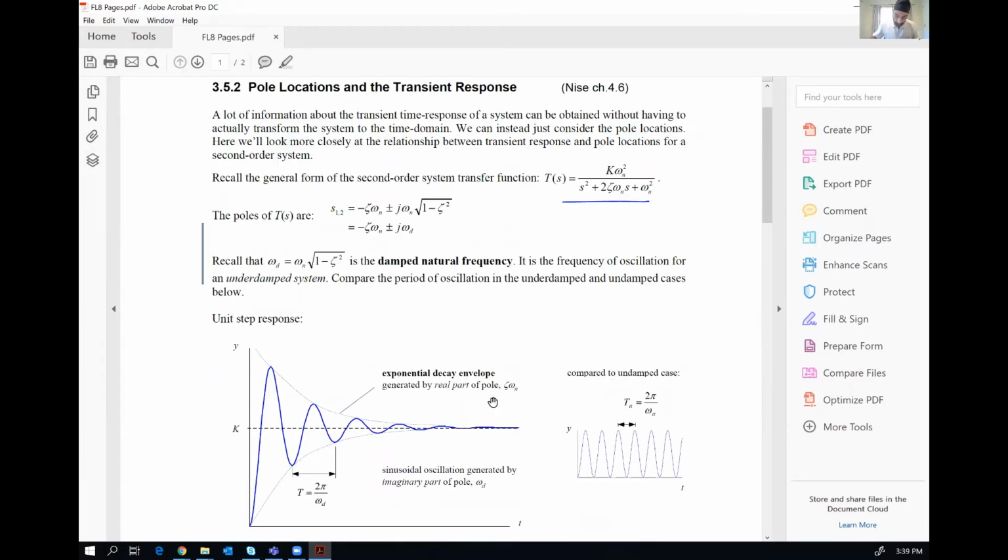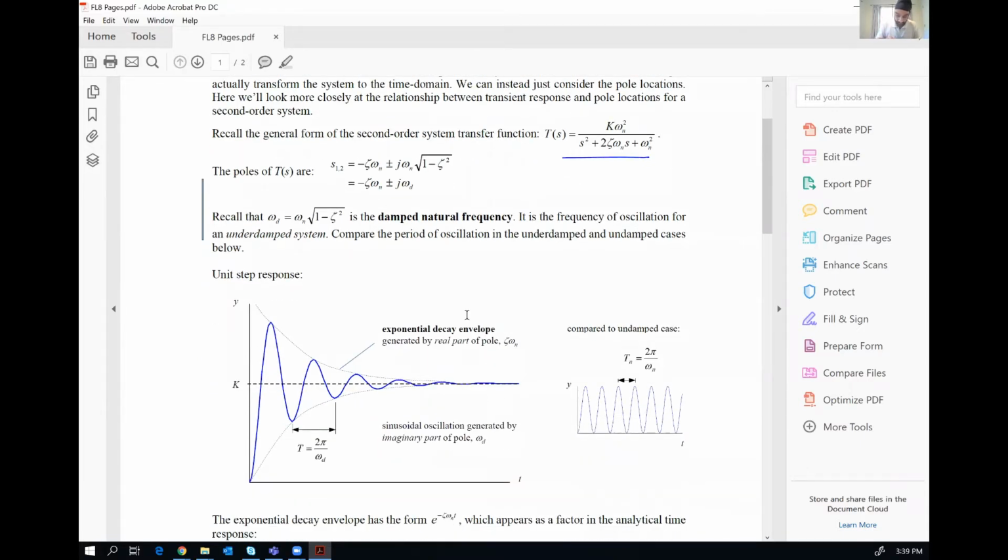And as I mentioned in the last lecture, we found that the poles of this kind of a transfer function can be found by solving the characteristic equation, which is taking the denominator equal to 0. And we find that the poles are given by these expressions, where both the real part and the imaginary part are functions of the damping factor and the natural frequency.